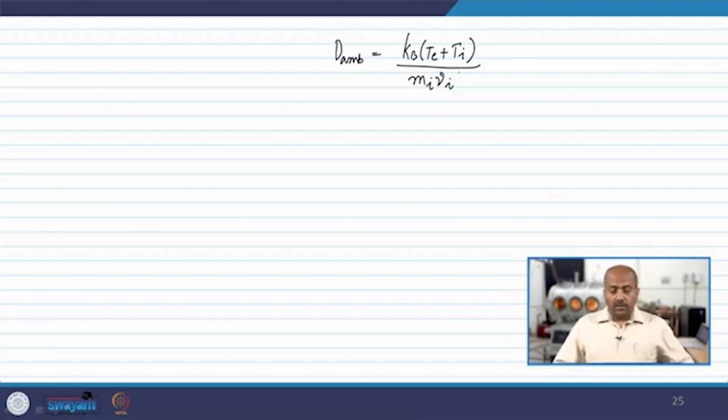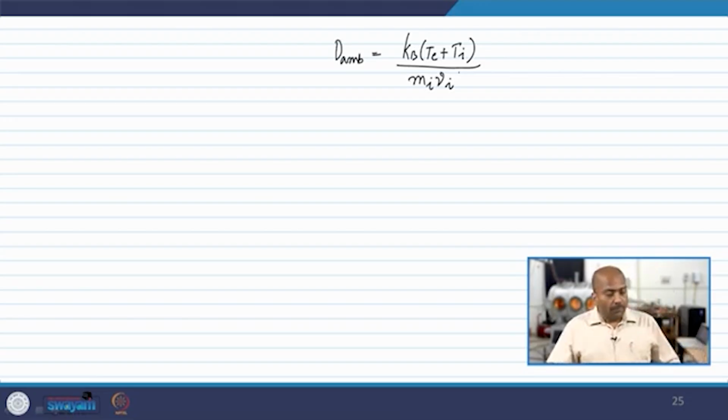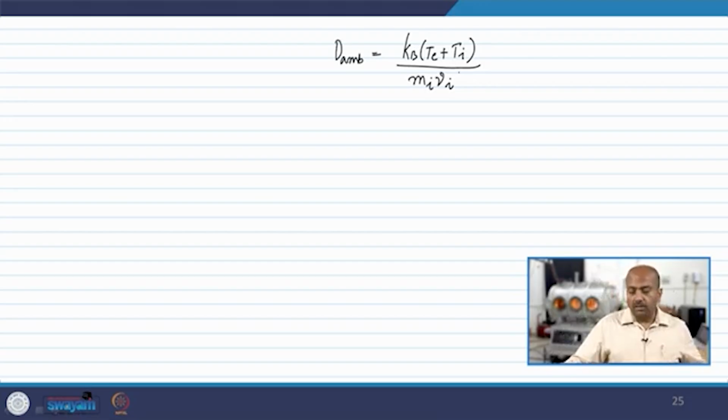It is a function of the temperature of electrons and ions, the mass of ions and the collision frequency of ions. The basic understanding is that despite the differences between electrons and ions in terms of mass, both velocities will be the same, or both the particles will diffuse at the same rate.